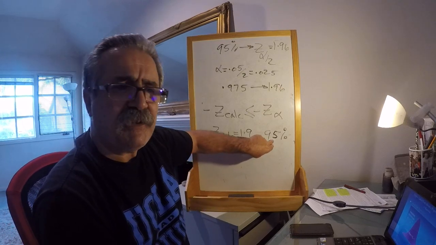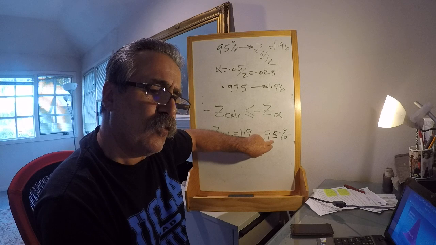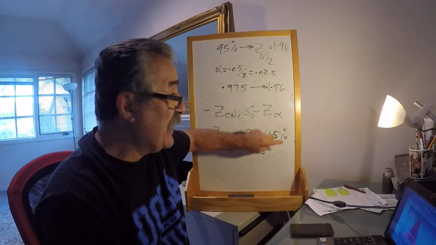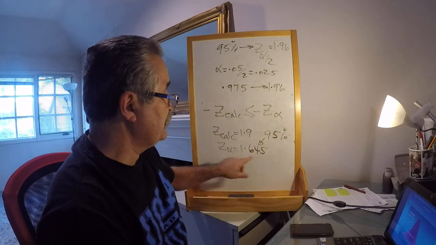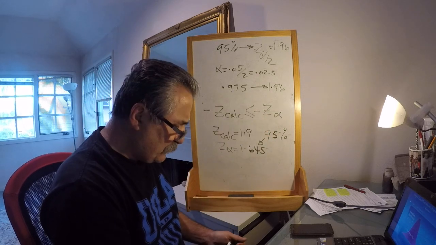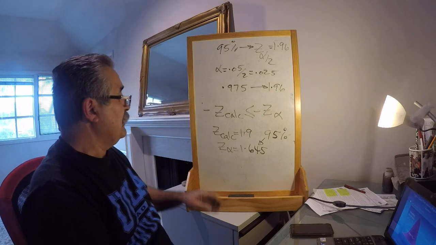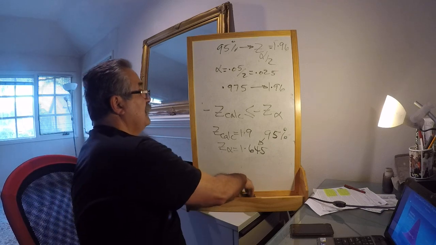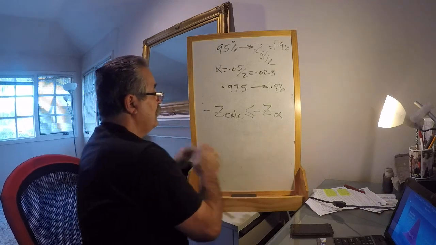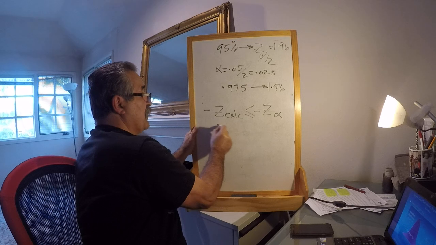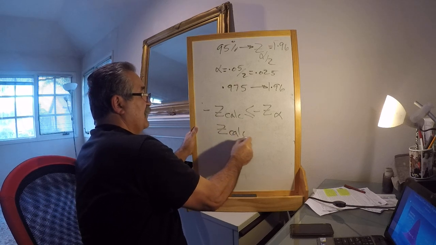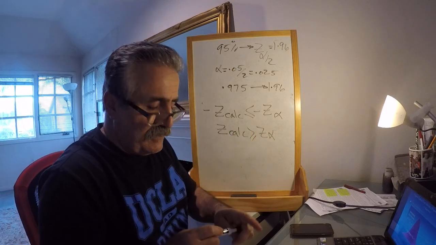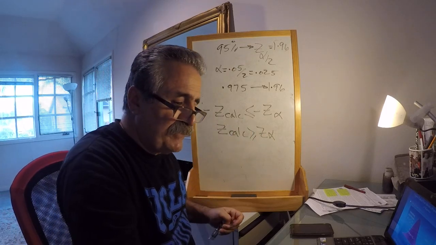You find 0.9495 and 0.9505, and we take the average of the two, then the value for z is 1.645. Anyways, for the positive side, if the z that you have calculated is greater than or equal to z of the alpha, then you go ahead and reject the null hypothesis, the H0.